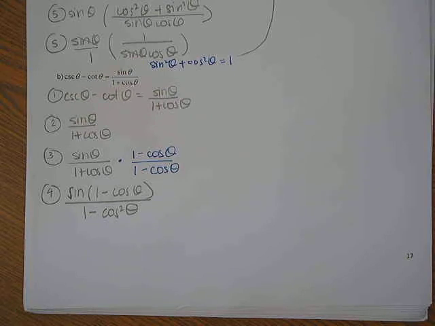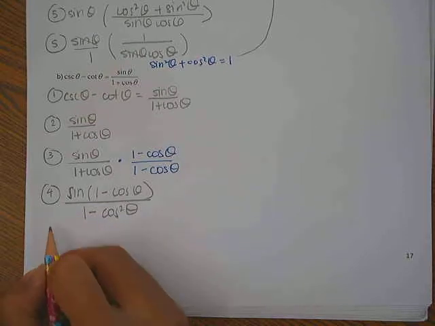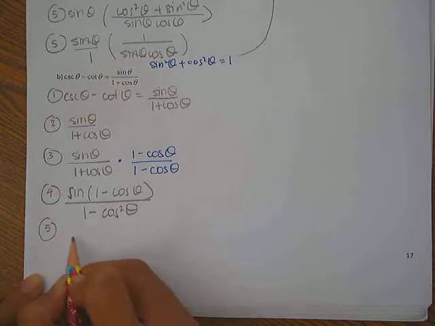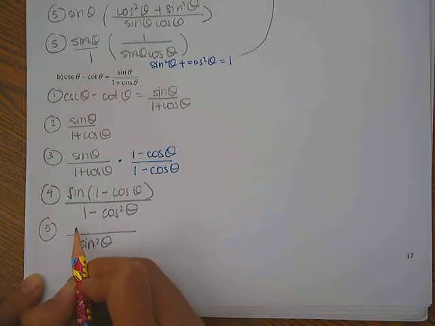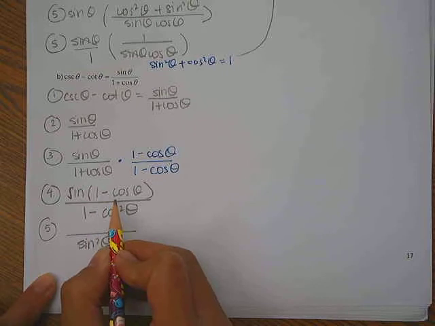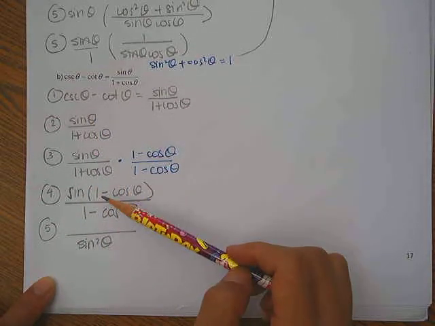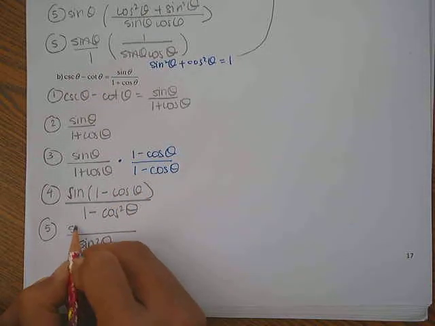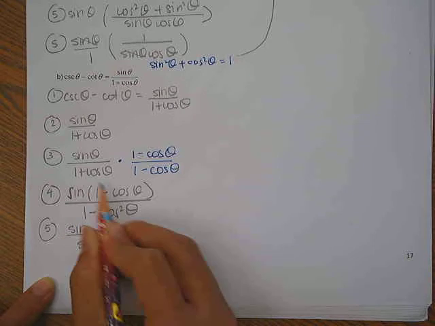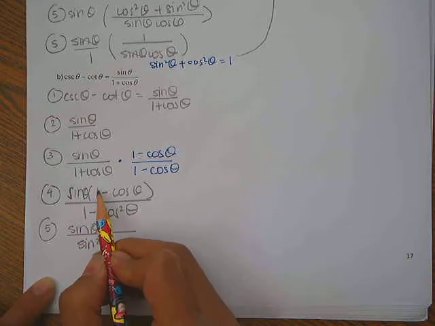Now the next step is, let's see, can I do anything with this? I can convert this into sine squared of theta, right? What happens if I distribute? Can I distribute? Because remember, keep in mind my goal. My goal is to get to 1 minus cosine of theta, so I can distribute because I don't need to keep 1 minus cosine of theta. Sine of theta times 1 is sine of theta.